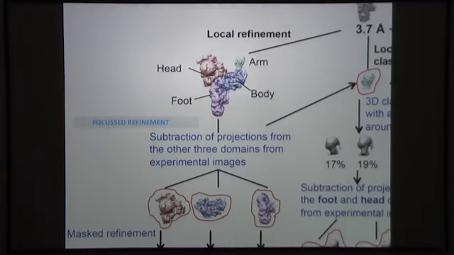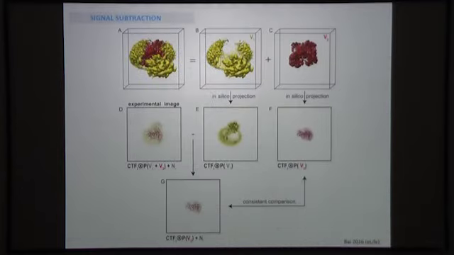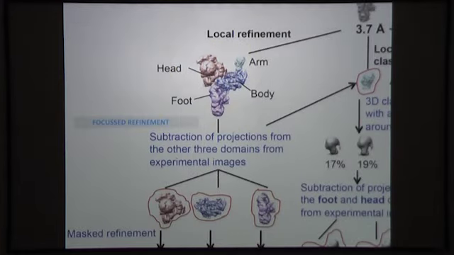What this means is that you would get your map and subtract the region you're not interested in, to get images that only contain the information that you want to compare and align. We can go into detail later on if anyone is interested. By doing this, you get better images for this focus refinement and classification.